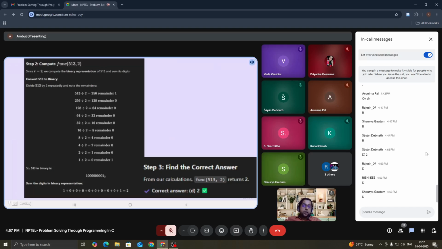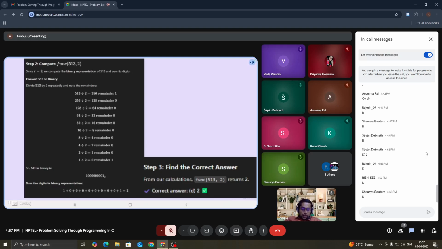Then 1 divided by 2, the remainder is 1. This is only here in computer science, not in mathematics, where 1 divided by 2 would be 0.5. The value stored in the variable will be 0, and the remainder it will show as 1.